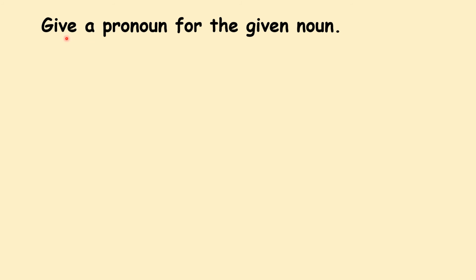Now children, you have to give a pronoun for the given noun. Teacher will give you a noun and you have to use the correct pronoun. For the noun chair, you will use the pronoun it. It is a chair.